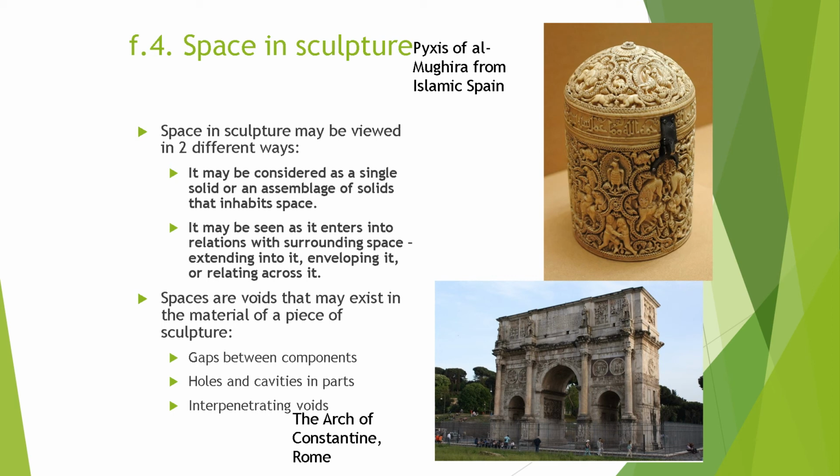Kasi kung natatabunan si obelisk, so parang wala din si sculpture. Very important 'yon. So kapag meron kang sculpture na nakita mong nakastand lang alone, na wala siyang kasama, obviously that is the first one. It may be considered as a single solid, or assemblage of solids that inhabit a space.